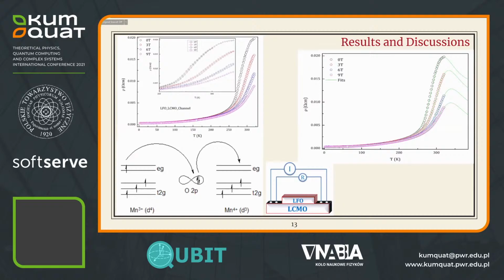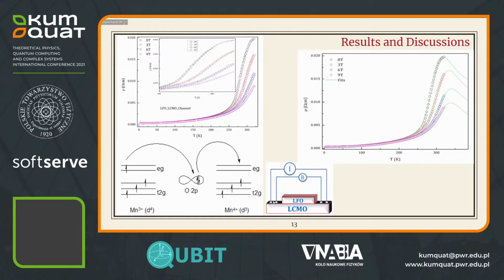Then this is the resistivity versus temperature plot. As you can see below, this is the schematic of a film and how I performed the measurements. I first applied the current across the channel, that is only on the LCMO layer, and measured the resistivity of the LCMO layer.